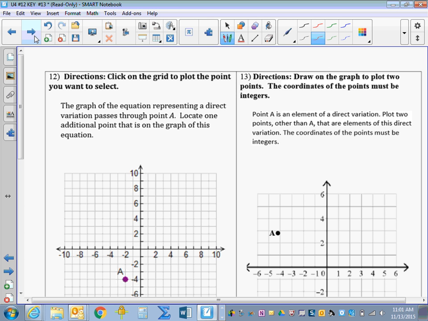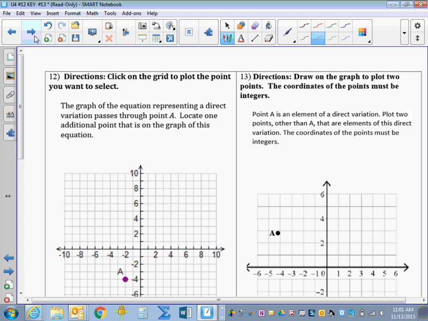These are pulled, I think, either straight from the SOL or modified a little bit from it. It says, click on the grid to plot the point you want to select. These are the types of instructions you'll have on your SOL, because it's on the computer. So you'll actually be clicking on the grid. Obviously here we're just going to be plotting the point.